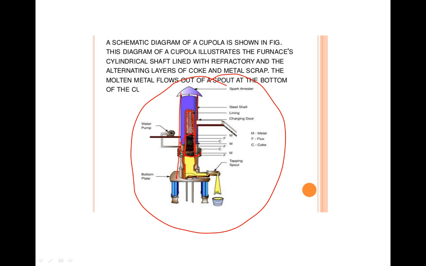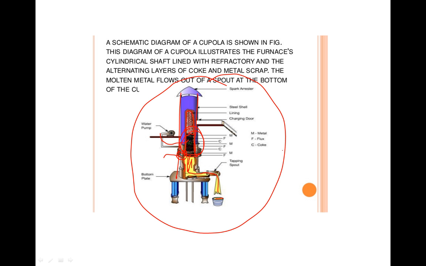This portion is a mixture of ferrous metal, carbon, and coke, in different layers of coke and metal. There is a blower, burning will start, and it will convert this metal into molten form. This molten metal is collected from this side in the ladle, and on this side there is a slag opening to remove the slag.